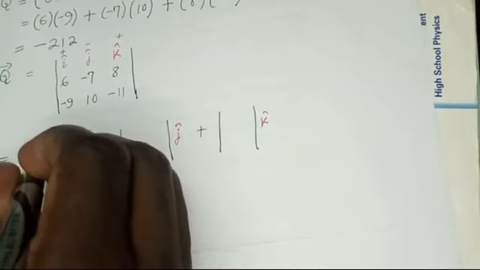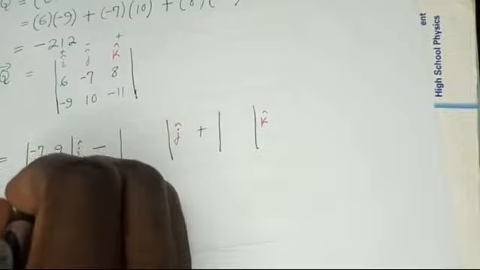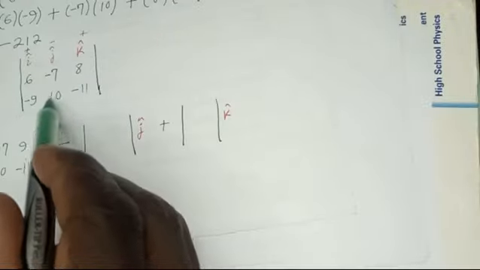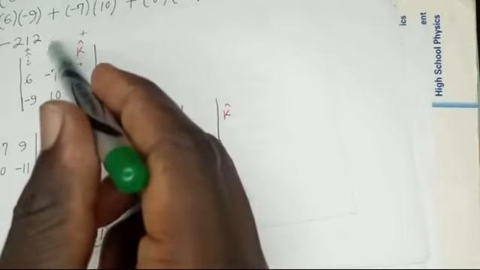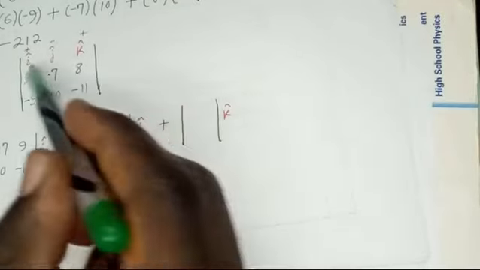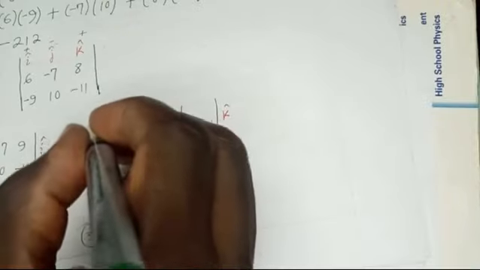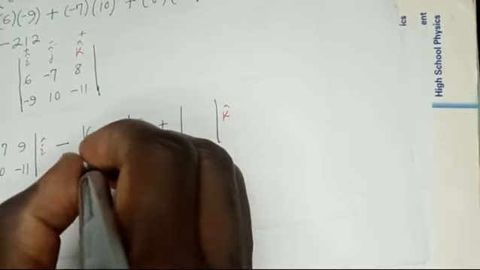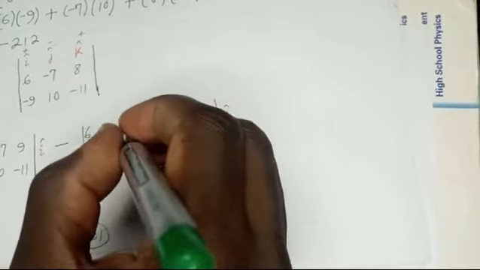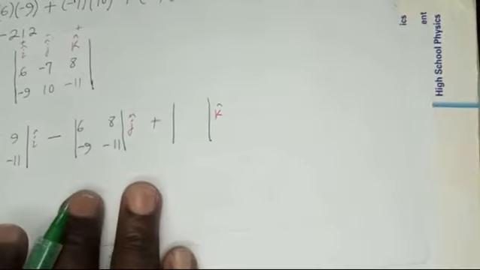I have negative 7, 9, 10, minus 11. For here, this is J cap, so I ignore the column that has J cap, and then the row that has J cap. So I will have here 6 minus 9, and then 8 minus 11.